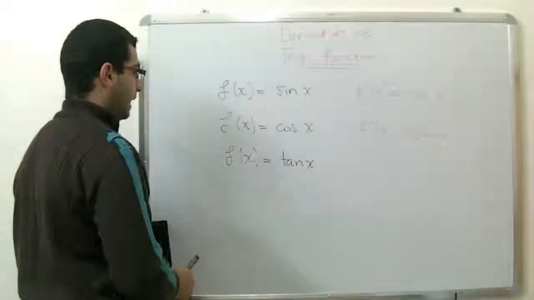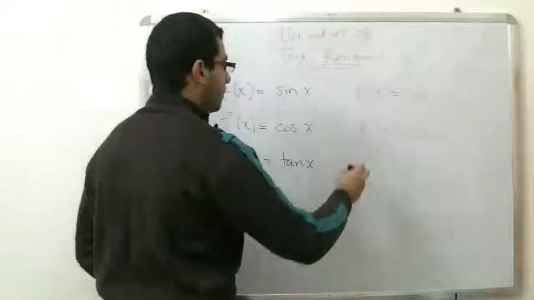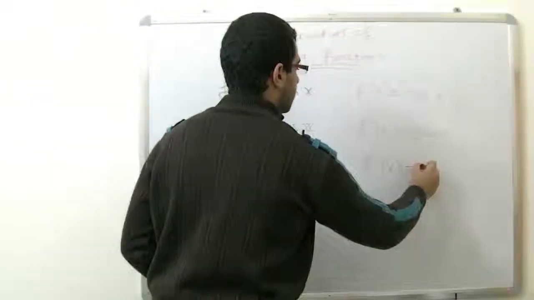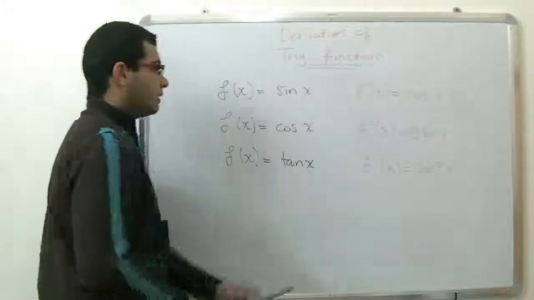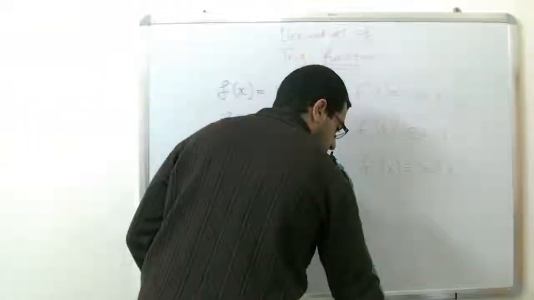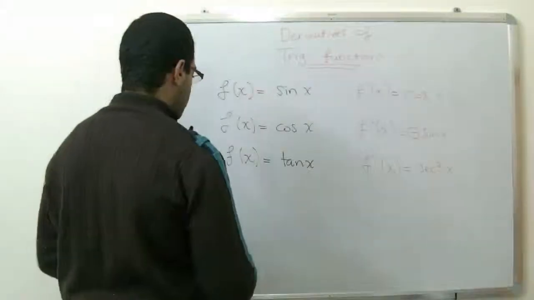The third rule is if we have f x equal tan x, then the derivative equals secant square x. So those two are not related to each other. And by the way, the secant is the reciprocal of the cosine.